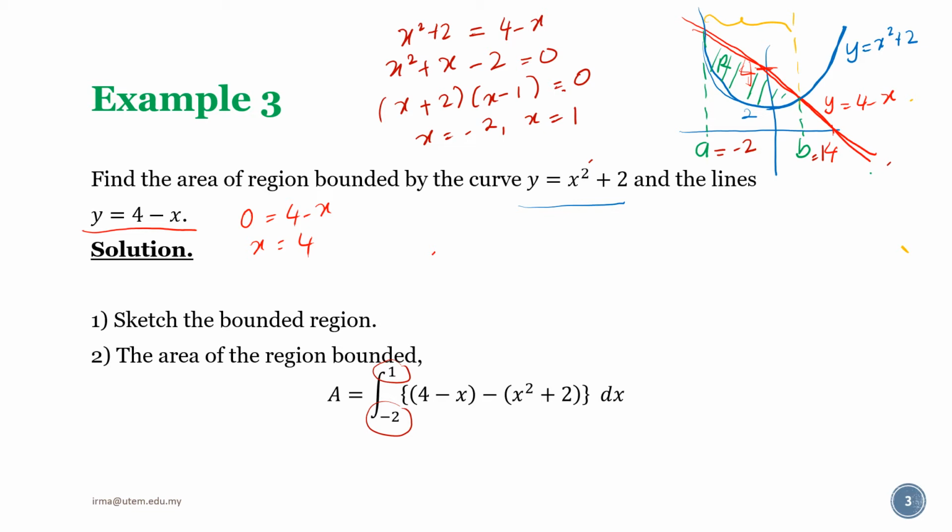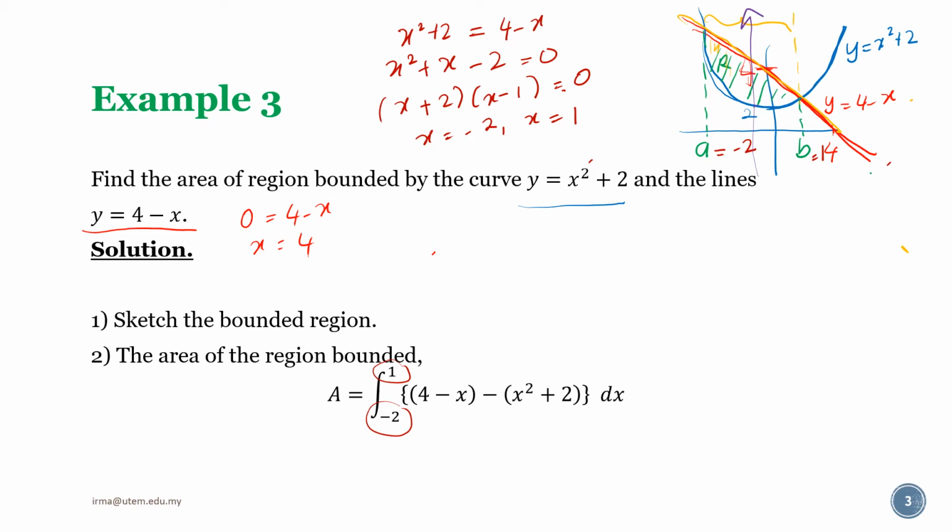Right, so we have just now, this is the region. Okay, 4 minus x is actually, if you can see, I draw a straight line which is parallel to the y-axis.